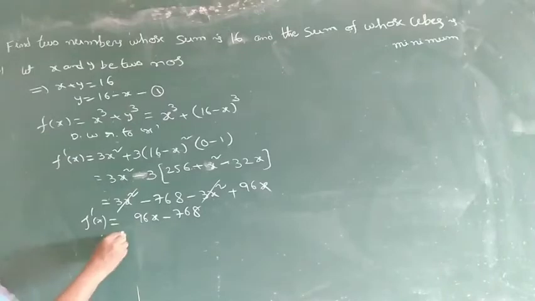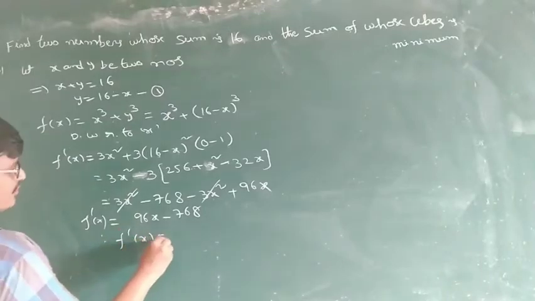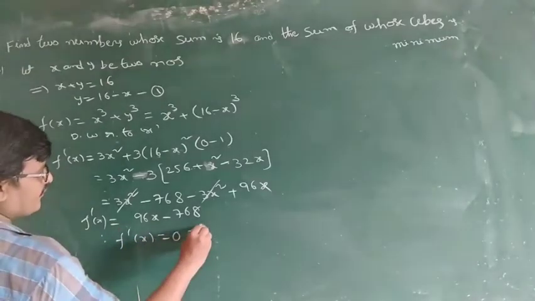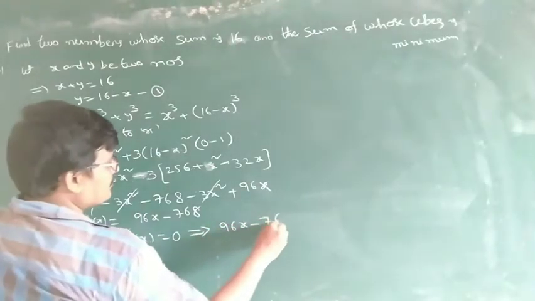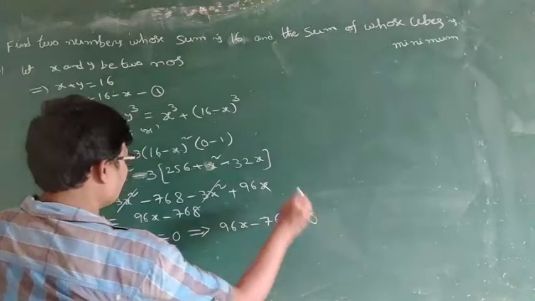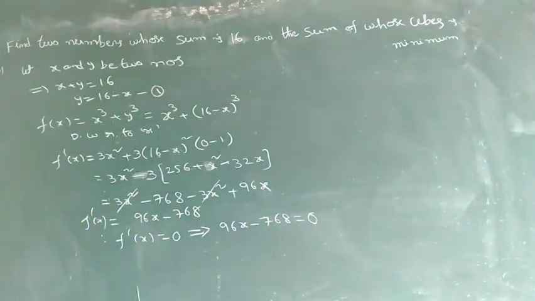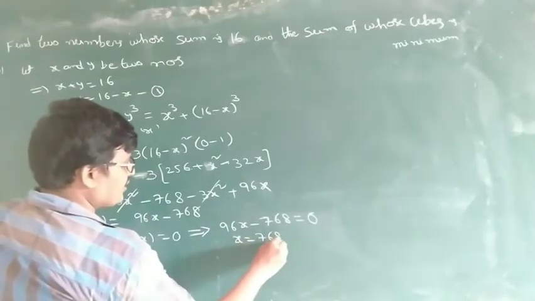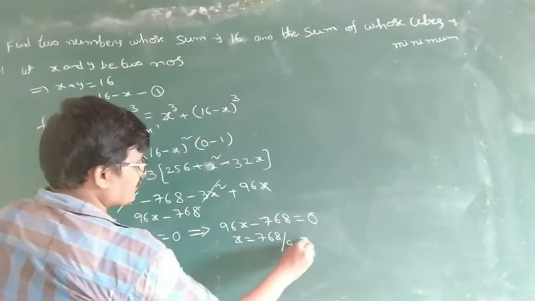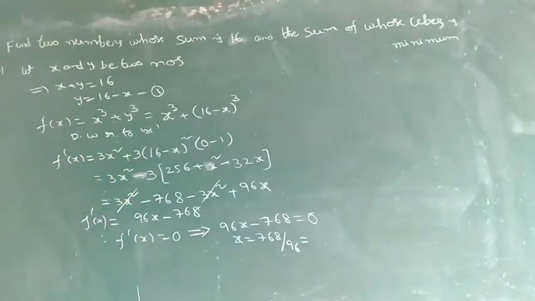Next, f dash of x is equal to 0, that is 96x minus 768 is equal to 0. So x is equal to 768 by 96.